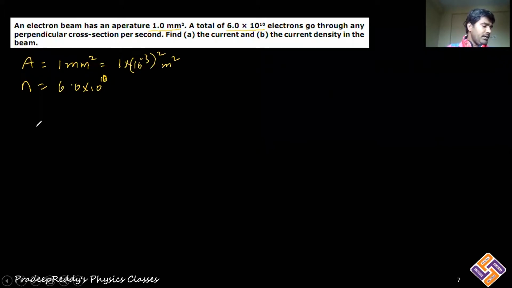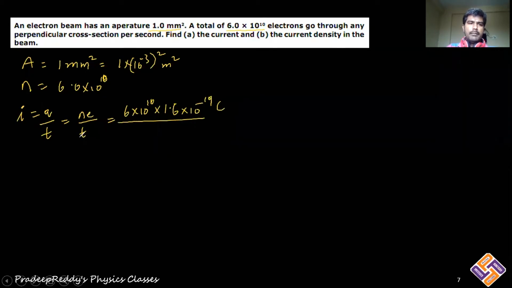In order to find out current, you have the basic relation I is equal to Q divided by T, where Q is the net amount of charge flowing through. Q is equal to N E by T, where N is number density. It is 6 into 10 power 10, and the charge of electron is 1.6 into 10 power minus 19 coulomb, divided by time.